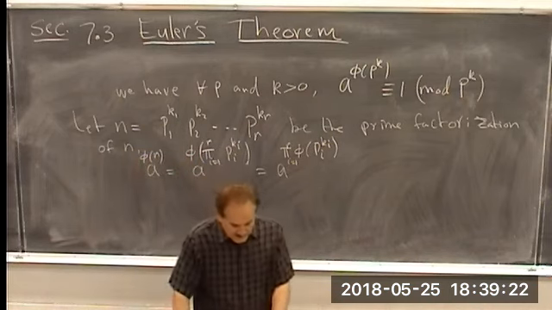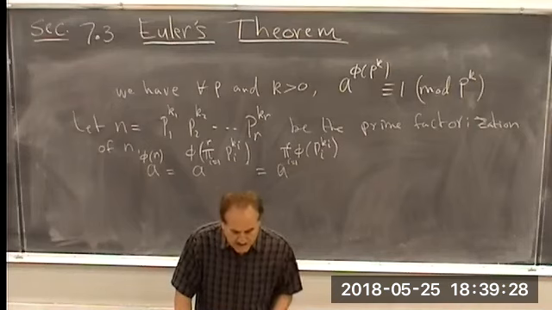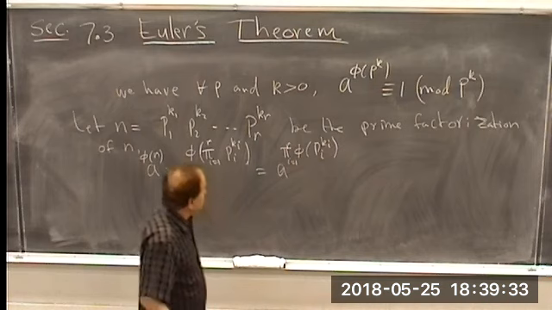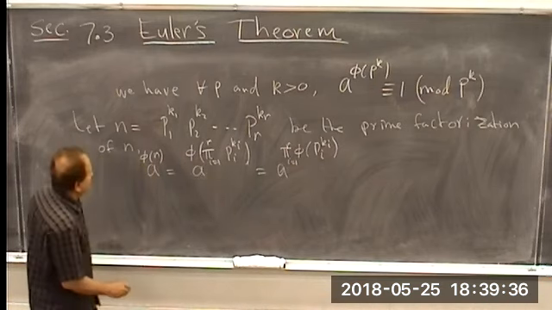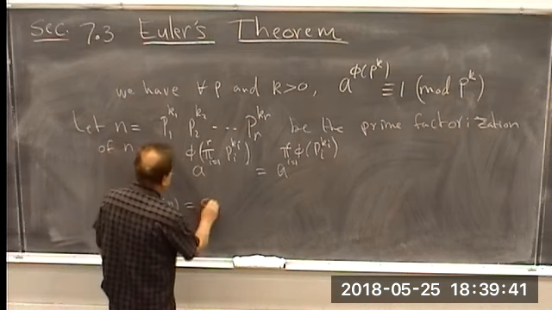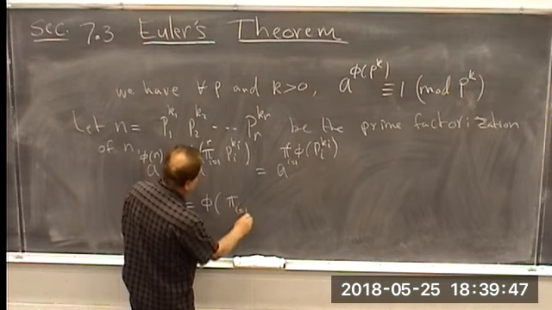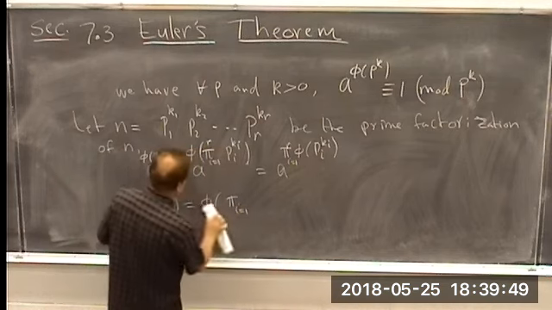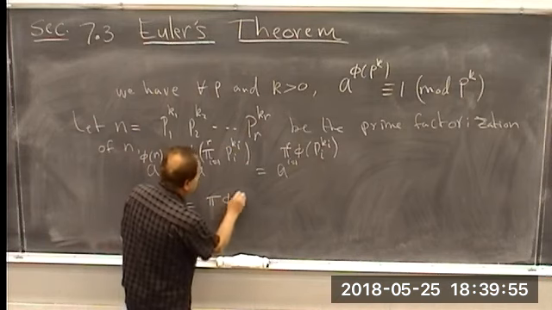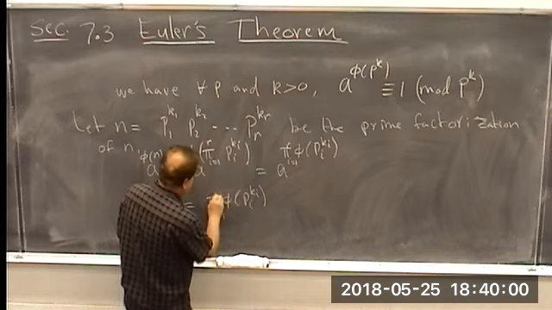All right. Now one other thing. Let's look at this phi of n, which is equal to phi of this product. Actually, let's just write it as this product of phi of p sub i to the k sub i, i equals 1 to r.